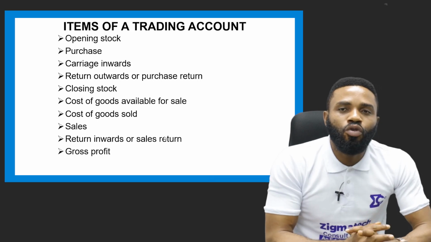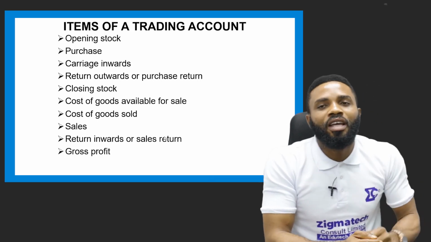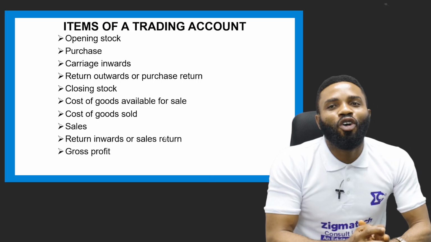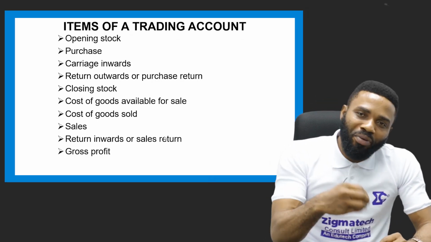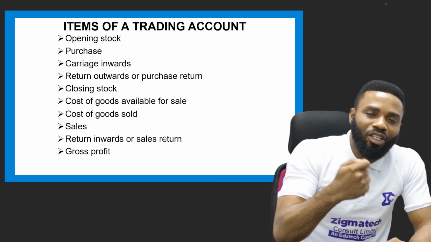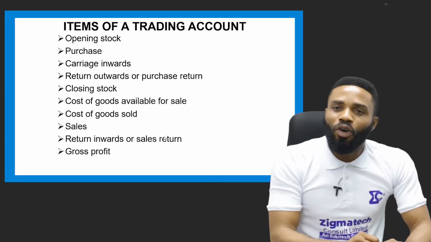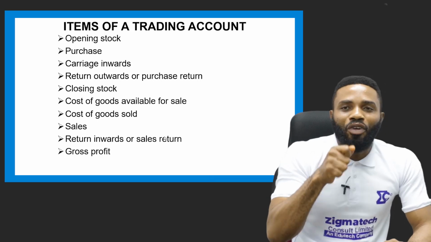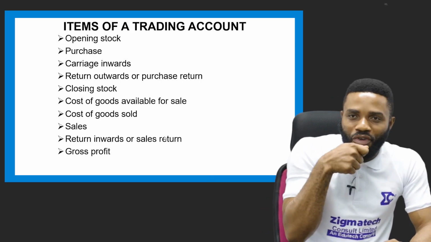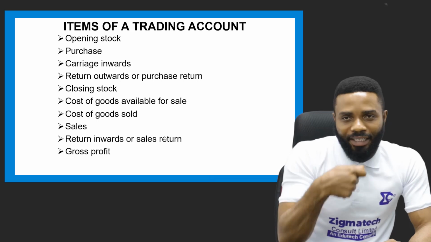And then cost of goods sold. Cost of goods sold, in another parlance, we call it cost price. The cost price of goods that is actually sold out. You cannot sell your product at the value or the cost with which you bought the item.